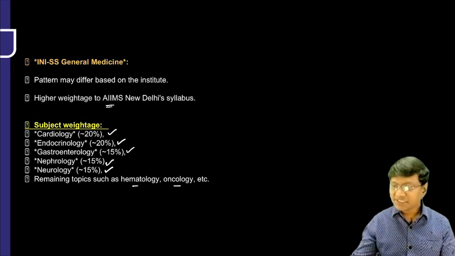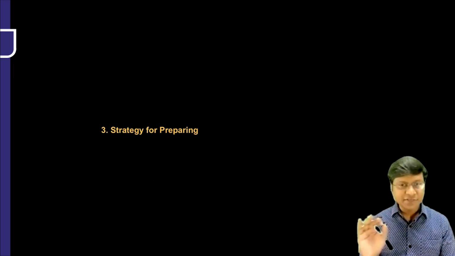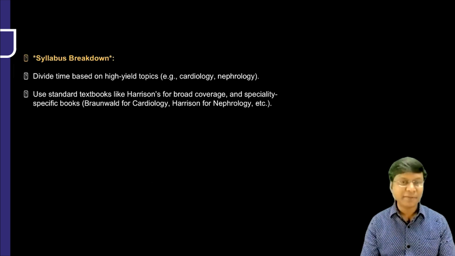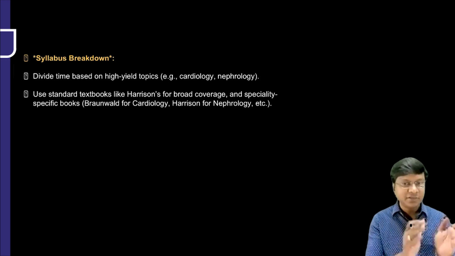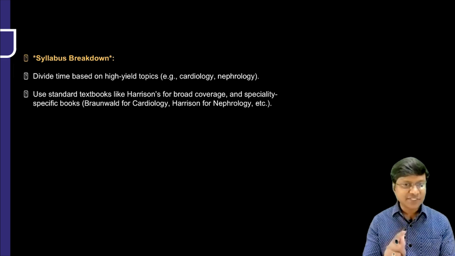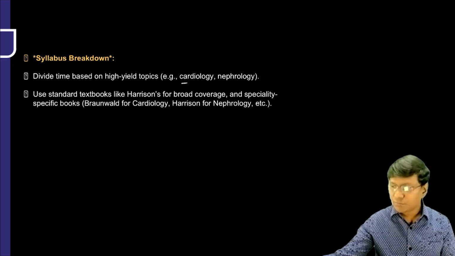Now, after having said about the weightage, the pattern of the examination, and the distribution of marks in the individual subjects, let me give you a quick idea of the strategy you need to follow for preparing. First and foremost, depending upon the weightage of the topics, you need to divide the time schedule. For cardiology, which is high scoring at 20%, try to give more time.